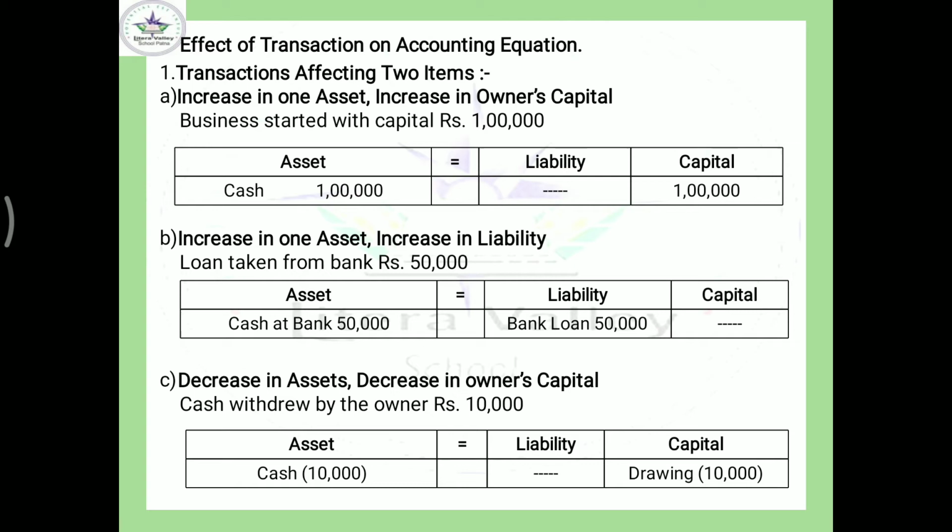Asset is equal to liabilities plus capital can be expressed differently, and always keep in your mind that it shows the net effect. Okay, the net effect of various transactions, but for your understanding I am just going to show you individual transactions.